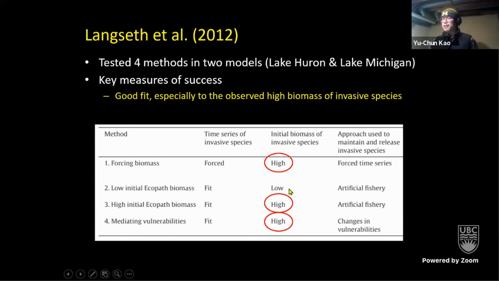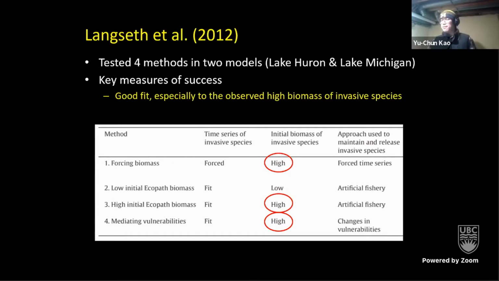Second method, set the initial biomass at a low level and use an artificial fishery to remove that biomass before the invasion. At the time of invasion in the simulation, you release the fishery, let the invasive species biomass grow. And then the third is similar to the second, but with a high initial biomass.